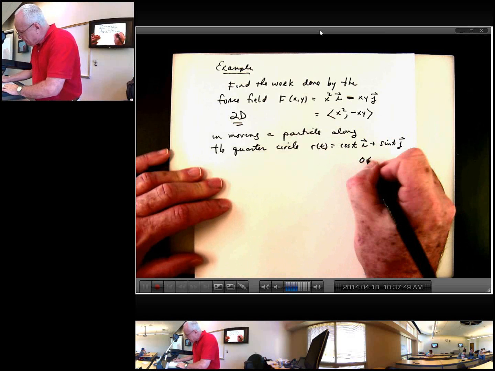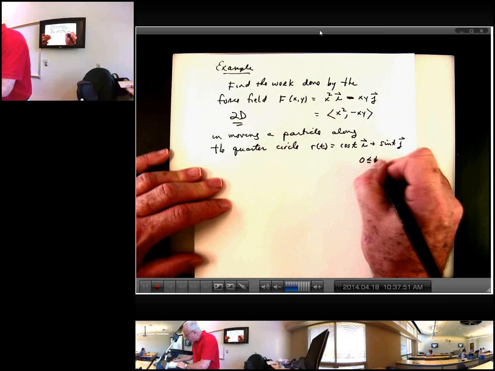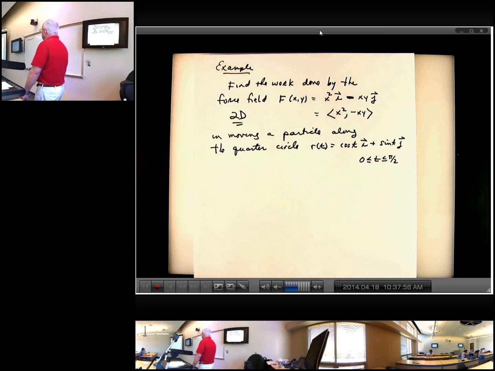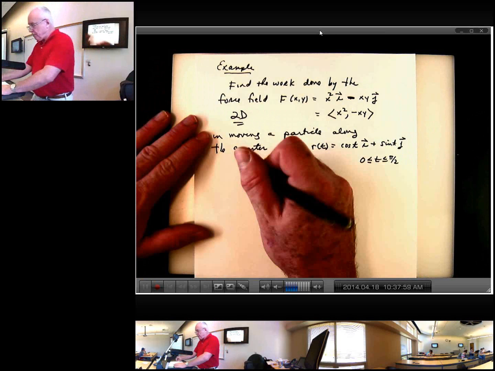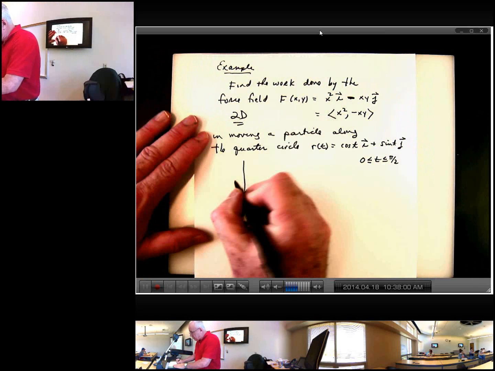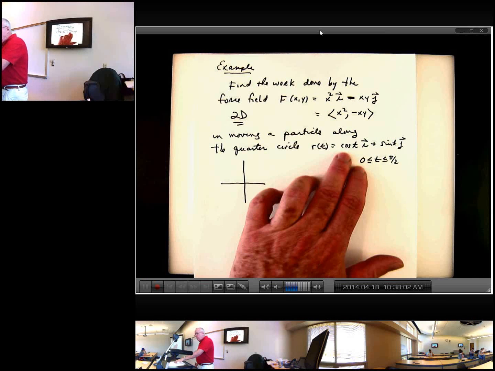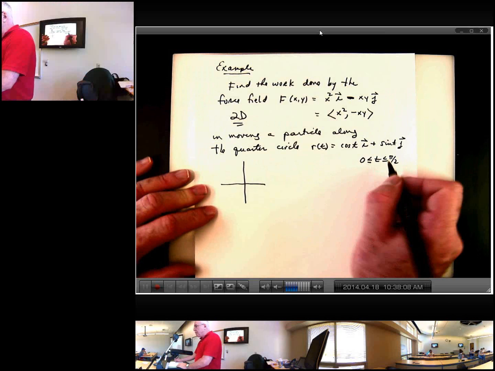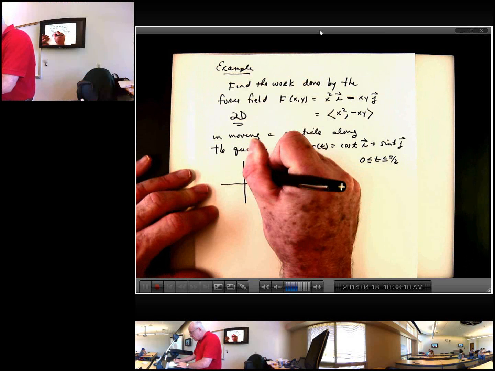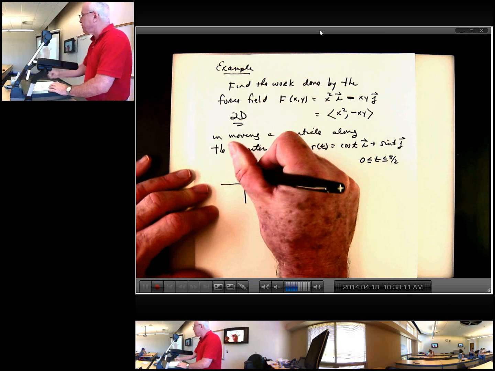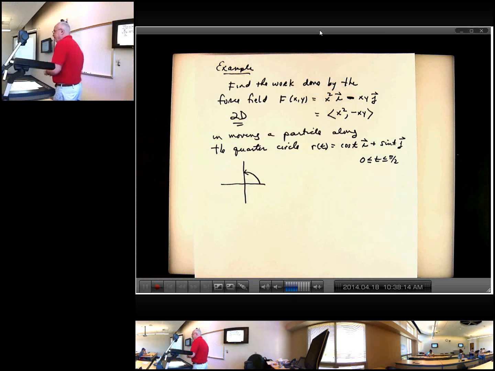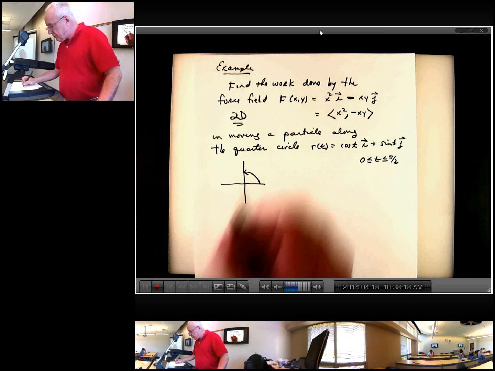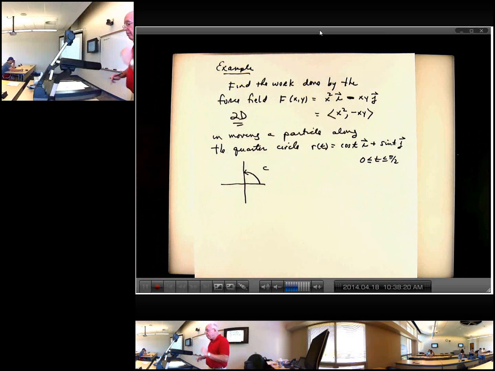And this time we have t going from 0 to pi over 2. All right. So let's make sure we're clear on what we're talking about for this curve. It's a quarter circle. X is cosine, y is sine, and it goes from 0 degrees to 90 degrees. So this is going to be our curve right here. It's a fourth of a circle, a fourth of the unit circle. Okay, that's our C.